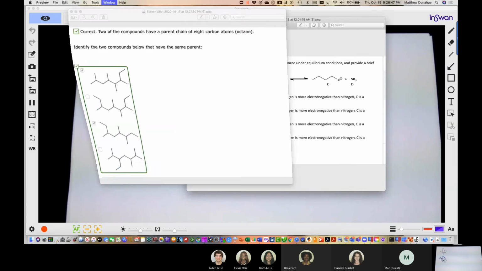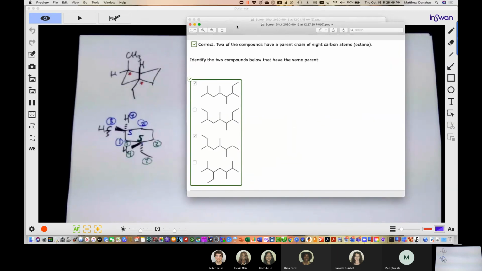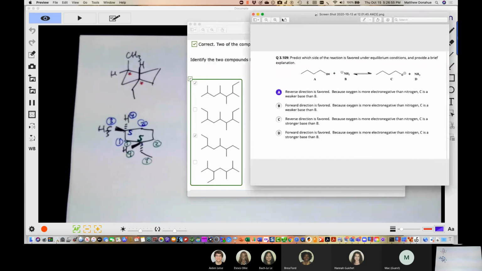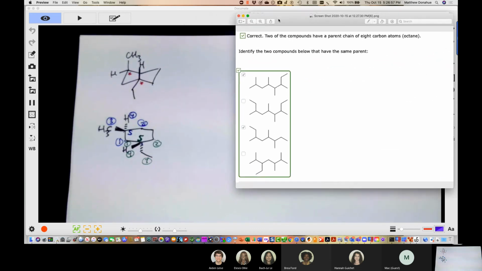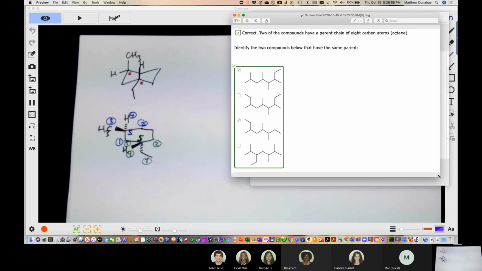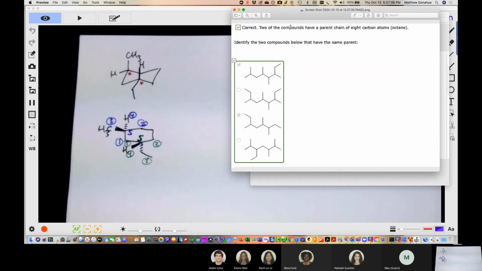Just want to remind myself to do these other problems that a student had emailed about. Let's do these problems on the screen real quick, and then we can get back to some more configurations. So a student had asked about this compound, about identify the 2 compounds below that have the same parent.